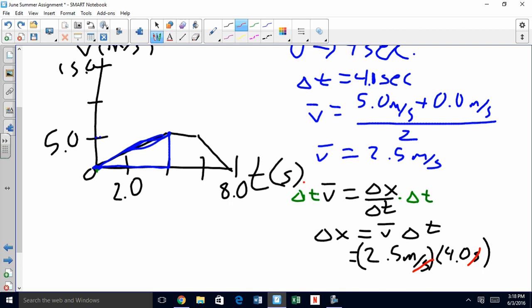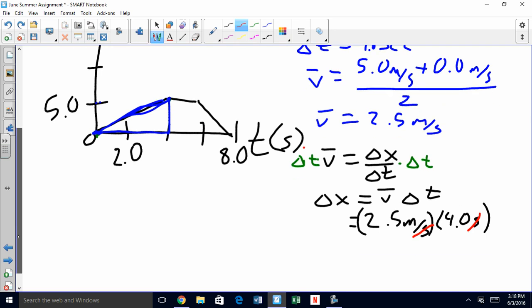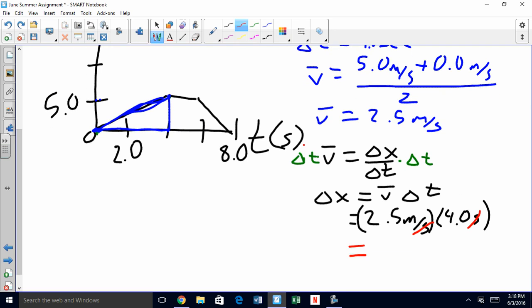So we end up with just meters left over, which makes sense. And 2.5 times 4 gives you 10 meters. If I really wanted to be technical, I would write 1.0 times 10 to the first, just so we knew that we have 2 significant digits. So 10 meters.